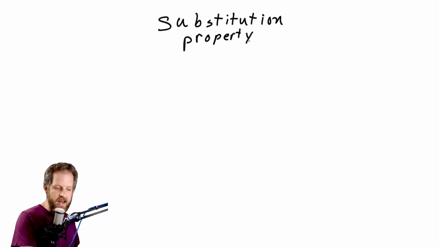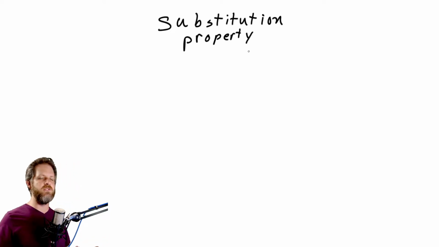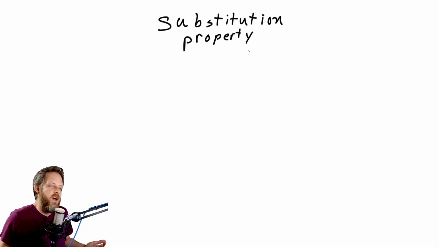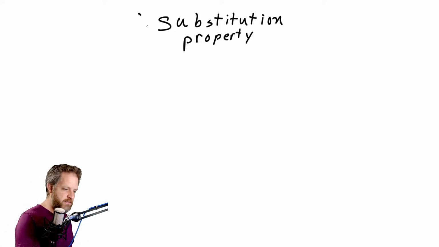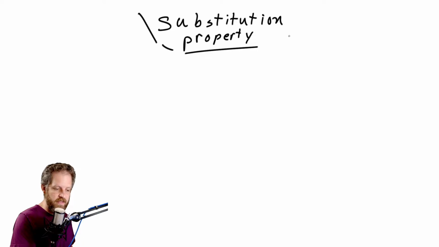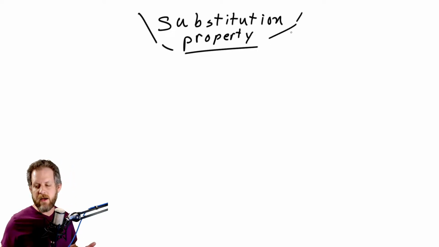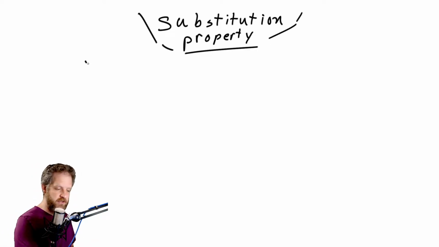We're not going to write a long definition for the substitution property because we don't need one. We're going to use it in some examples. I think the easiest way to understand the substitution property at this level is by throwing it into some examples. So let's jump straight into some examples.